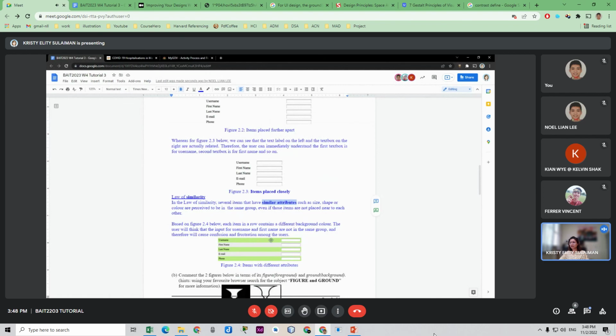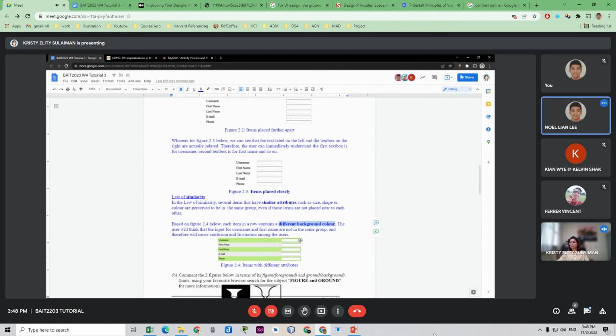So here in this example that Noel gave, this shows you items with different attributes. So attributes here refer to the different background color. Okay, so here this is not applying the law of similarity, right? Is this an example of not applying the law of similarity? Yes.